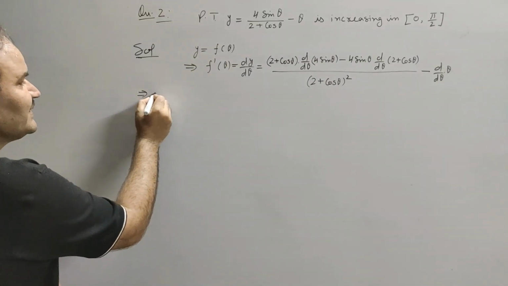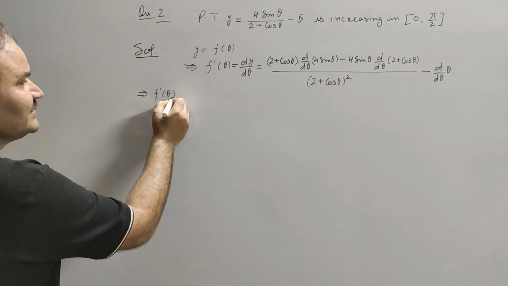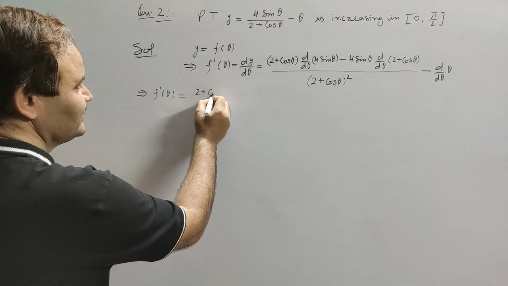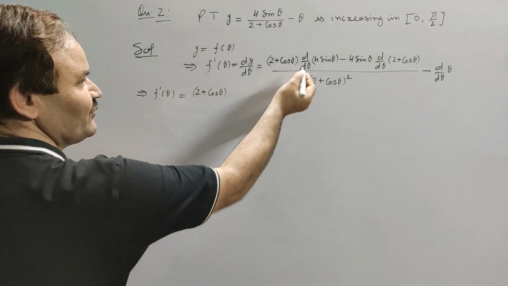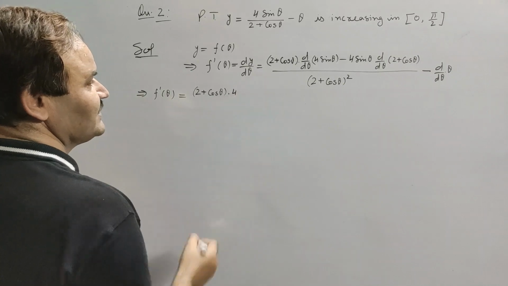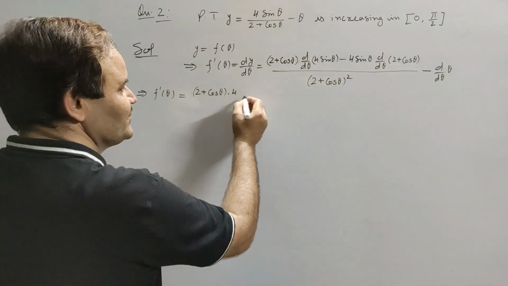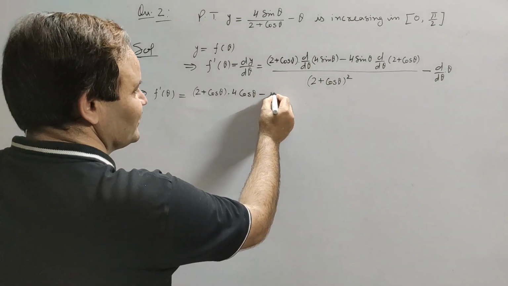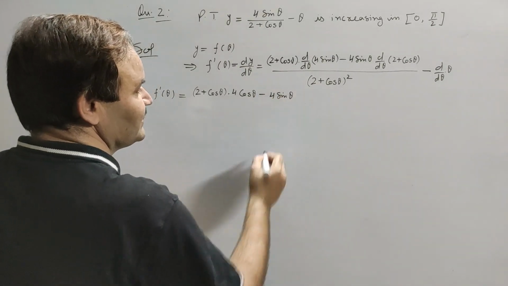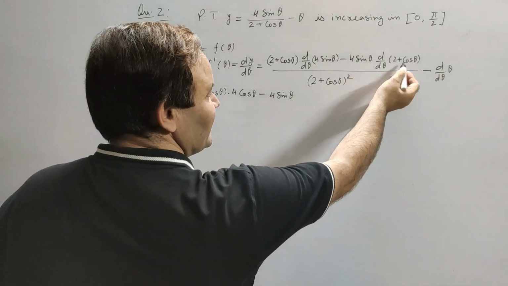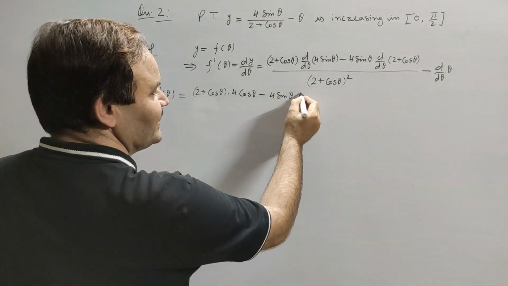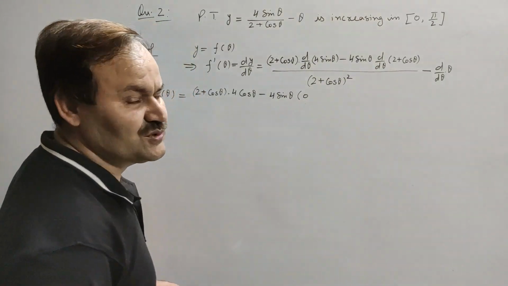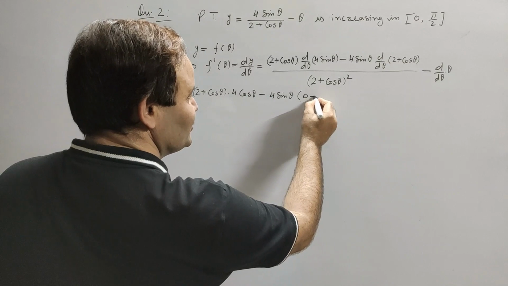So this implies f dash theta will be 2 plus cos theta, 4 being constant will be outside the differentiation, and differentiation of sin theta will be cos theta, minus 4 sin theta, and differentiation being distributive over addition, differentiation of 2 will be 0 plus differentiation of cos theta will be minus sin theta.